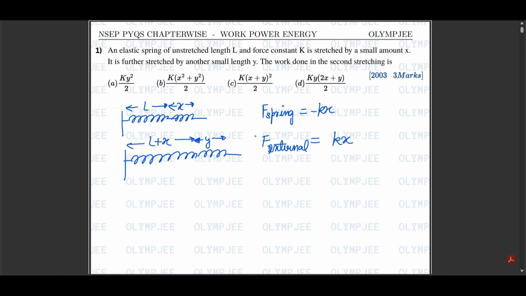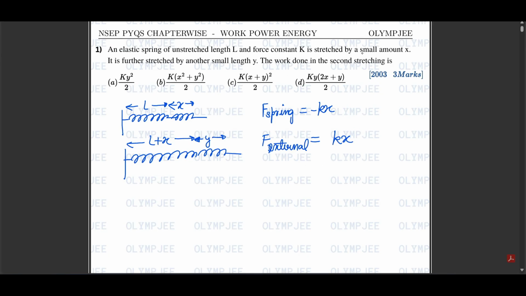So now we need to calculate the work done by this external force, and this is not constant, so we cannot directly multiply it with the displacement. Since this is varying with x, we need to take the integration. So force multiplied by small displacement dx. Initial stretching is x and final total stretching is x plus y.